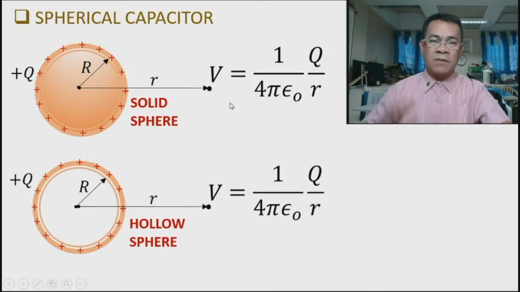This is again the point charge formula. If you notice, continuous charges have different potential, but this one we cannot classify as continuous, because it can be treated as a point charge. So simply use this formula.